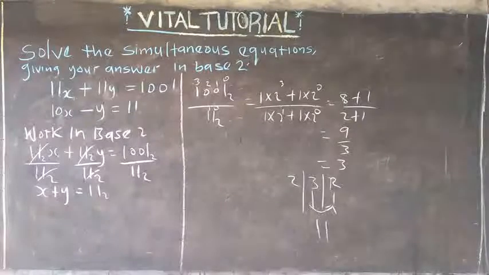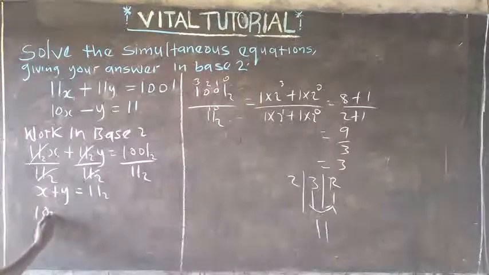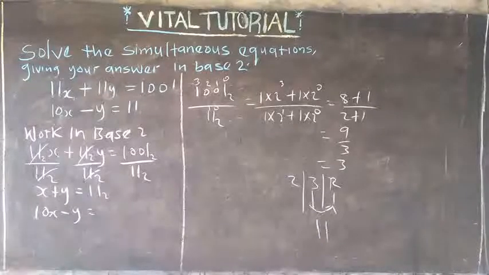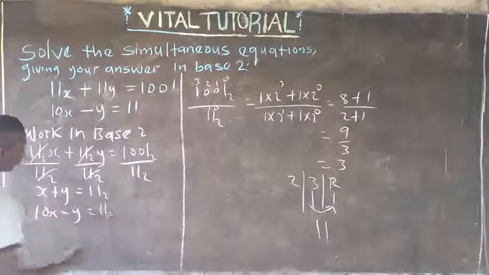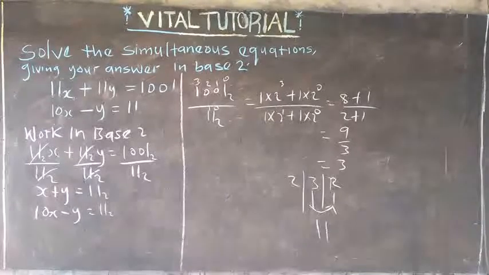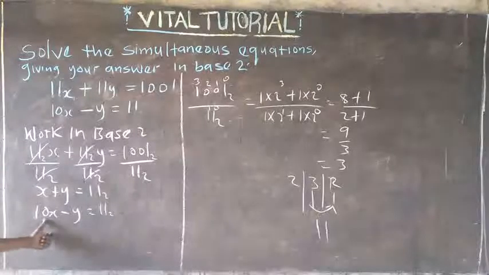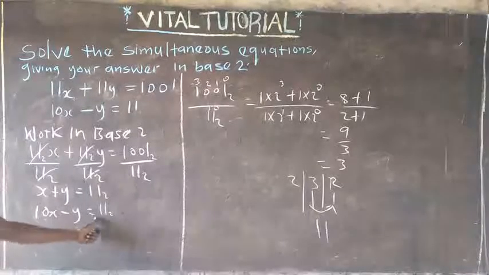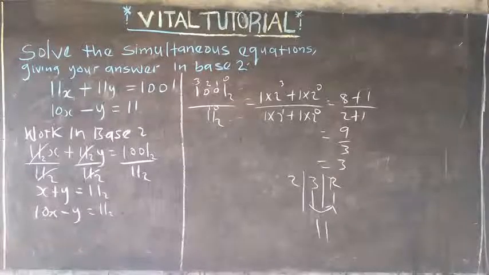So as you can see, this is 10s minus y equals 11 in base 2. I work with everything in base 2. As you can see, this 10y is okay, and this one is also okay.